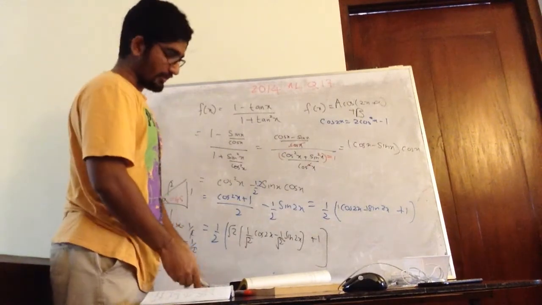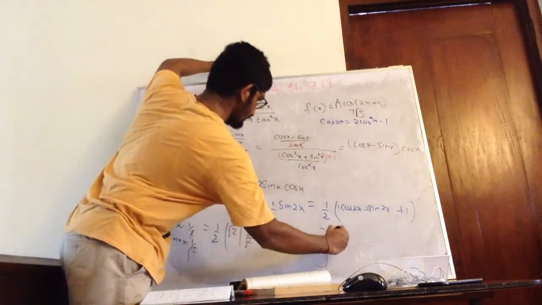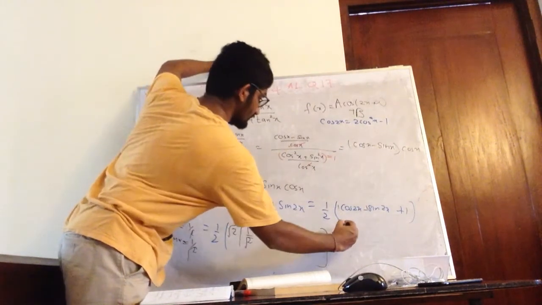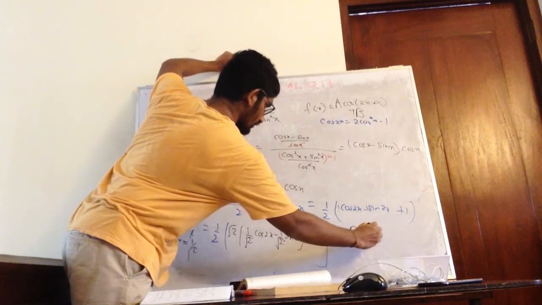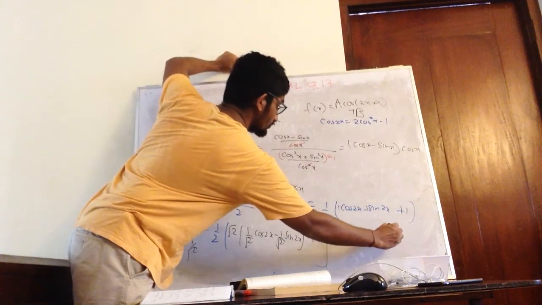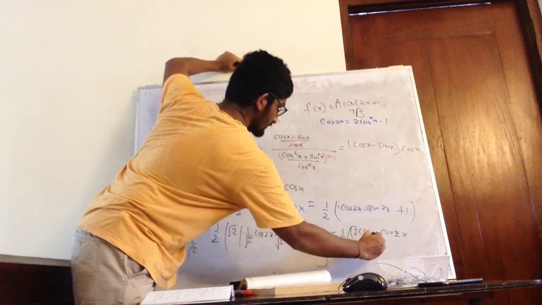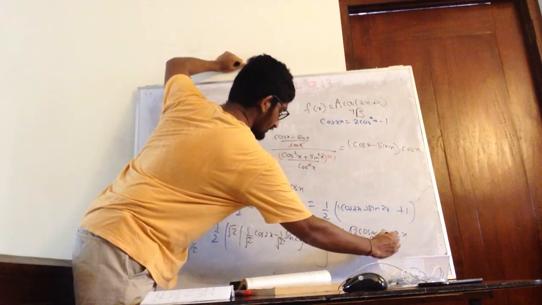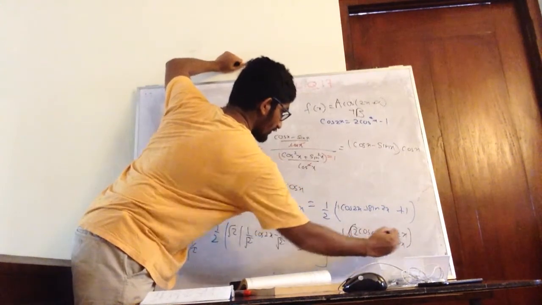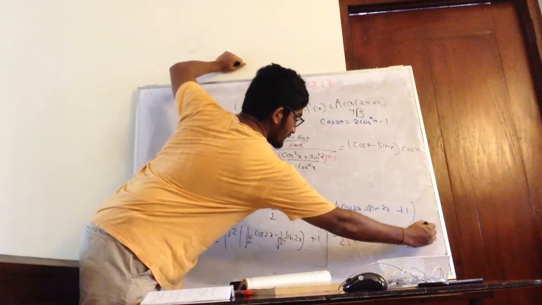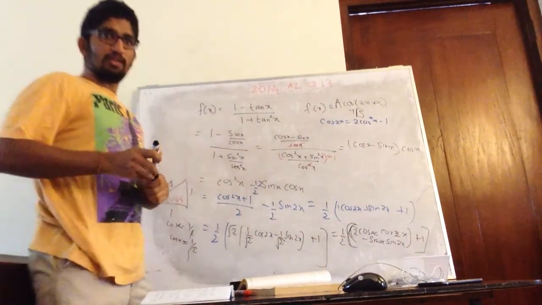So we get half, cos alpha cos 2x minus sin alpha sin 2x, plus this. So write this down, then we'll continue.